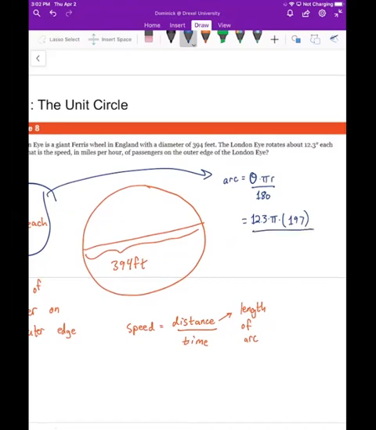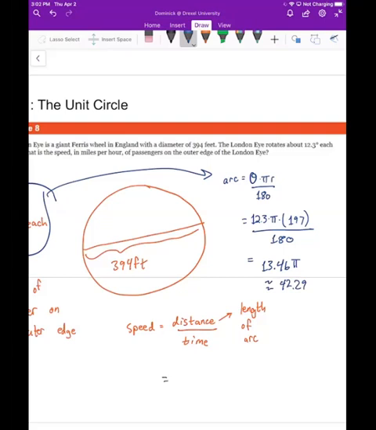Right, and we want to divide that by 180. So the length of this arc, if we punch this out in the calculator, 12.3 times 197, divided by 180, we get about 13.46 pi, which if we multiply by pi, we get roughly 42.29.